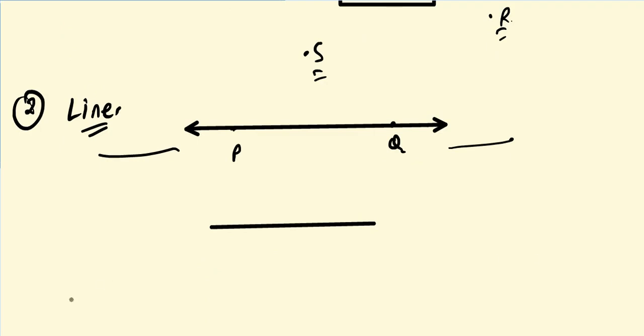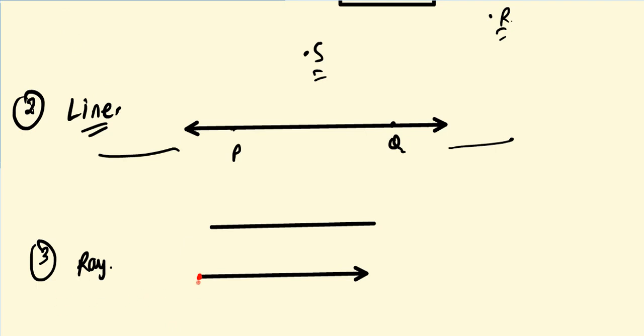Then third, ray. It is a straight line that starts from a given fixed point and moves in the same direction. Now in this diagram, this point is fixed. You can't extend in this direction.